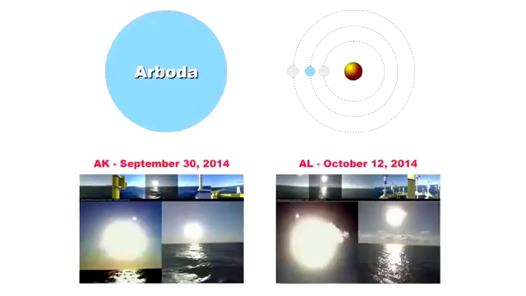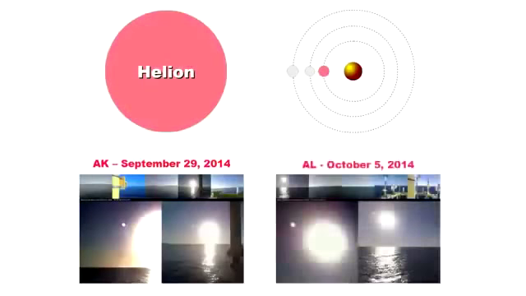Next was Helion, which according to the guides was first observed in the Gulf of Alaska on September 29, 2014, and then once again from the Gulf of Mexico on October 5, 2014. We found these observations of Arbota and Helion to be most impressive because they were captured from different buoys thousands of miles apart.